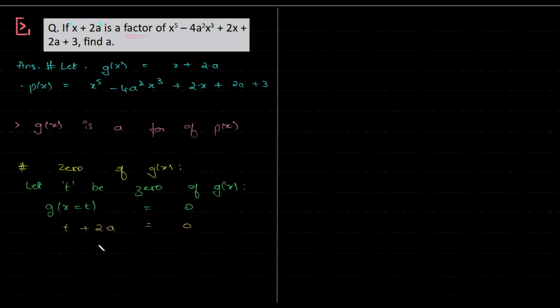I subtract 2a on both sides, and you get t equal to minus 2a. Now, as per the factor theorem, when I substitute minus 2a in place of x in p of x, my output will be equal to 0. That's what the factor theorem tells.